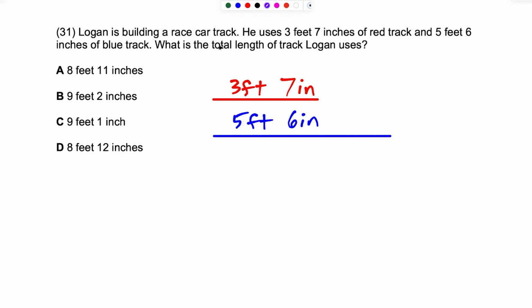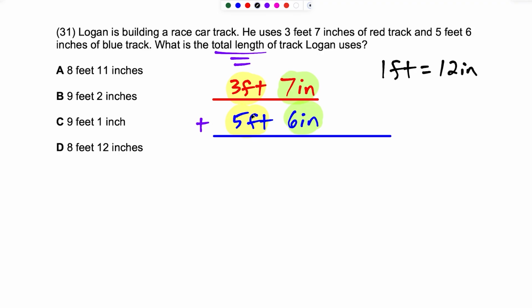Okay, the total length of track that Logan uses. So here we're going to be adding this stuff together. But when we add, we have to make sure that we are adding the like terms. So we're going to add feet with feet, and we're going to add inches with inches. Another important detail is noting that 1 foot is equal to 12 inches. So when we add this up, when we get to the end, we're going to have to do a little bit more math.